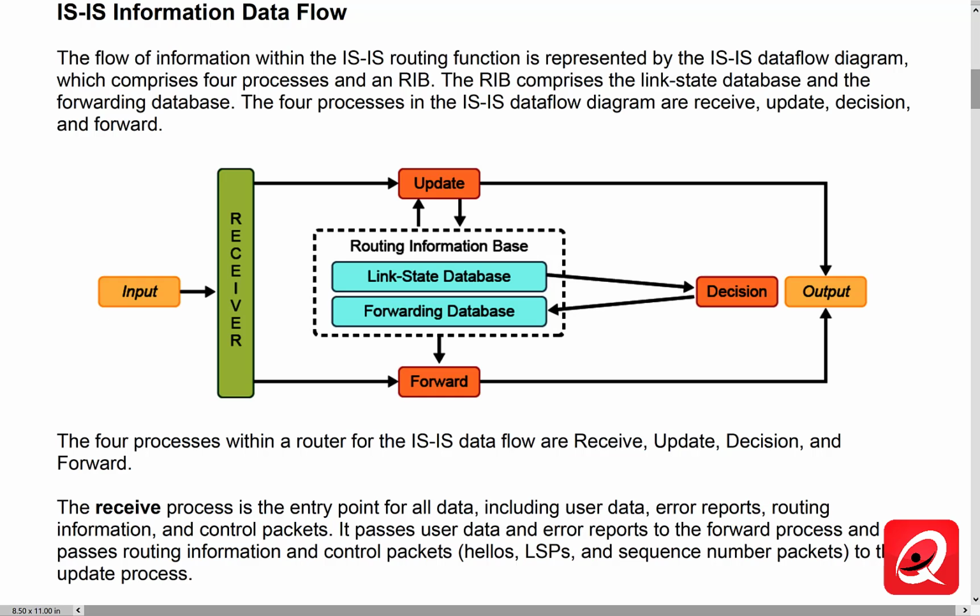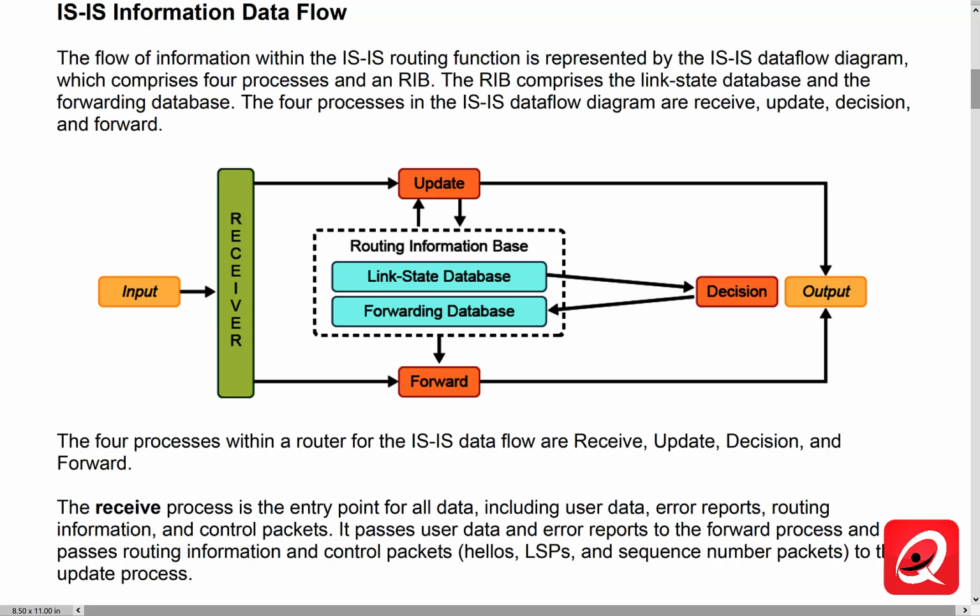This is what's going to manage the whole relationship at level 1 and level 2. This is essentially the component that allows us to receive and process and then in turn exchange the link state database information.